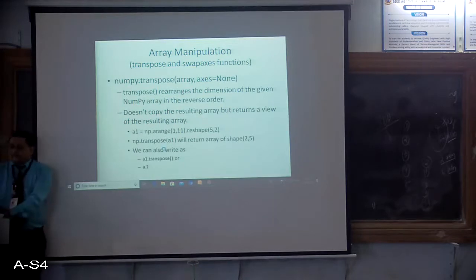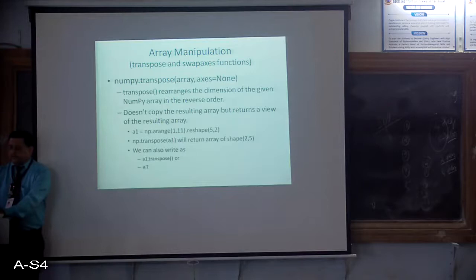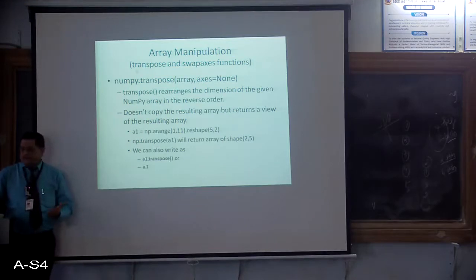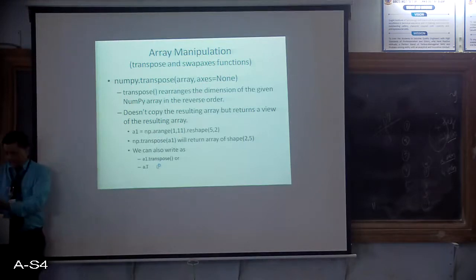Now, np.transpose(A1) will return an array of the shape 2 by 5 because the original shape is 5 by 2. We can also write it as A1.transpose(). That is what I said: transpose is available as a function, so you can say np.transpose(A1), or transpose is available as a method, so on the ndarray object A1 you can use A1.transpose(), or there is a shorthand for transpose as capital T. Each of these three does the same thing.